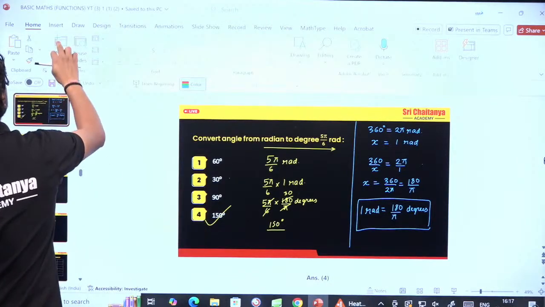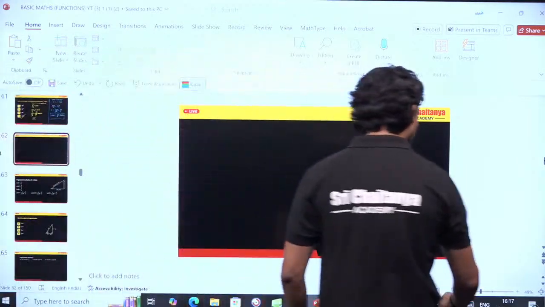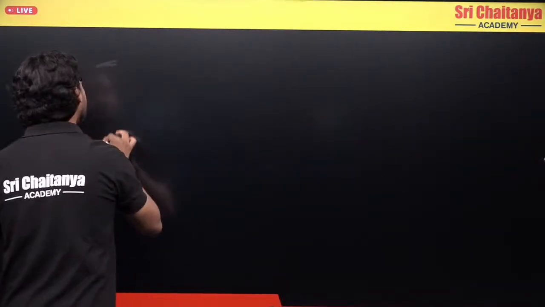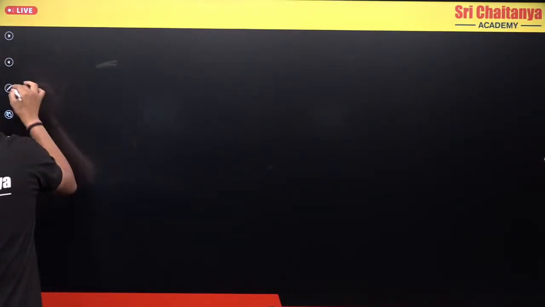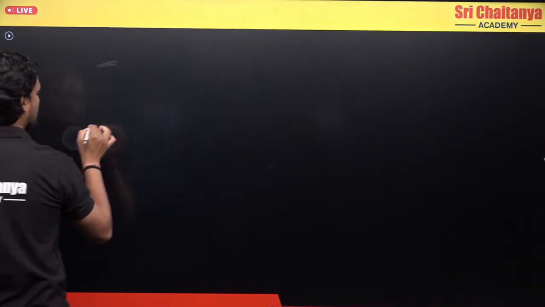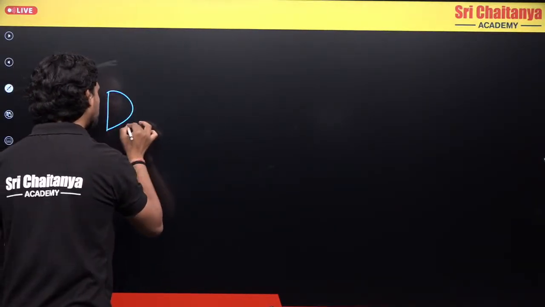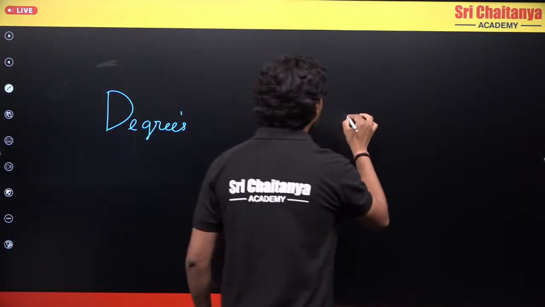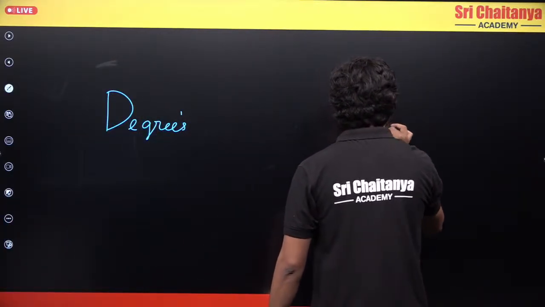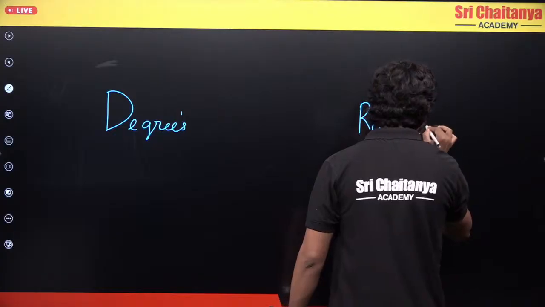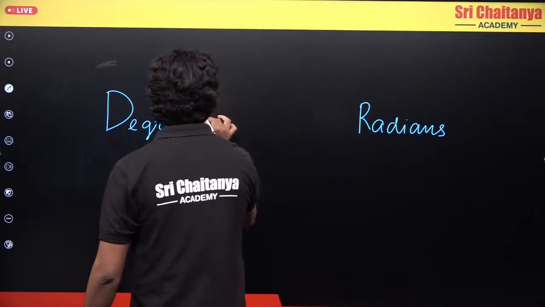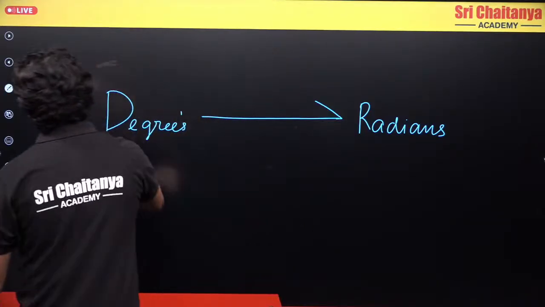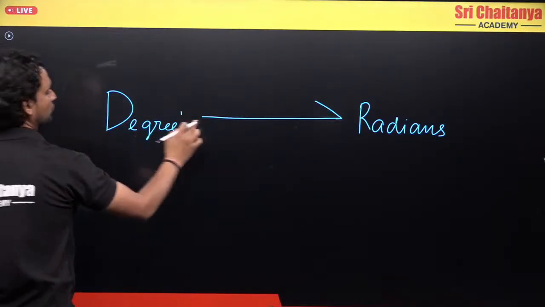Now I will give you a formula. If I have something in degrees and I want to convert that into radians, what should I do?